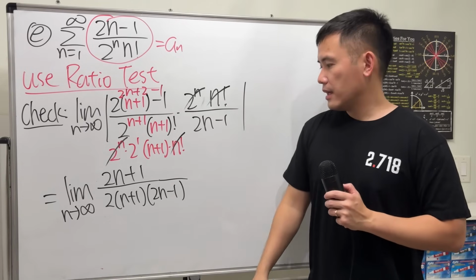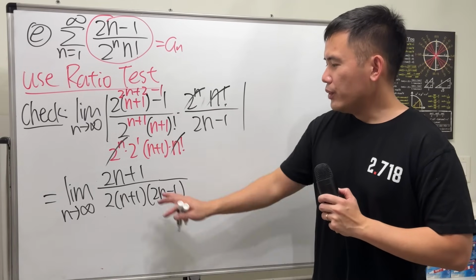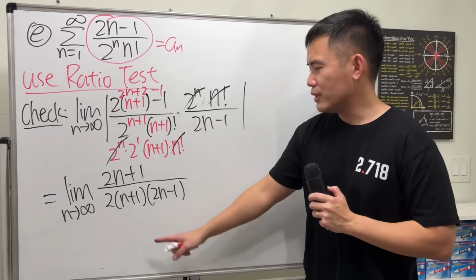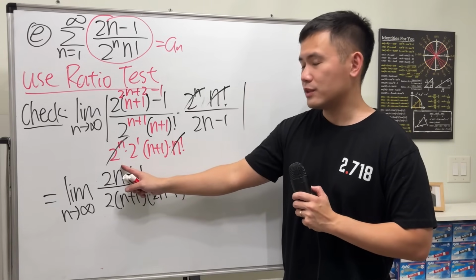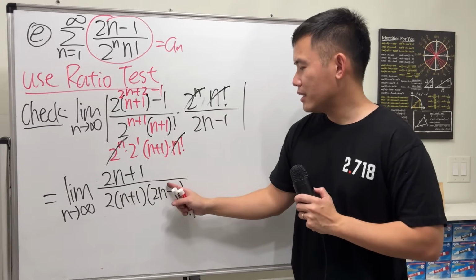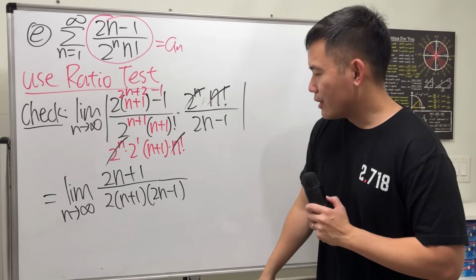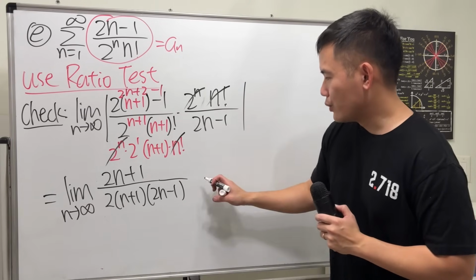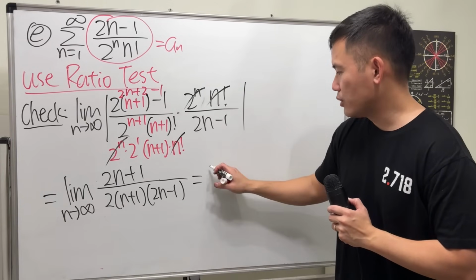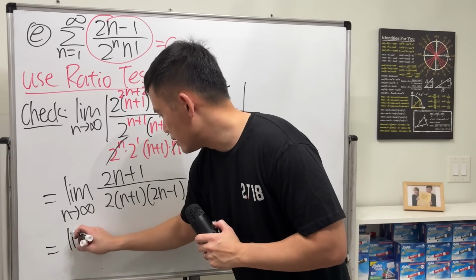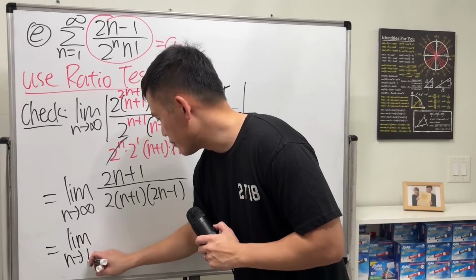Okay? Now, to take the limit, you can multiply this out, or you can just observe the power on top is 1. The power on the bottom altogether is 2. So you can see the limit is going to be 0. But perhaps I'll just show you one more step, just do the algebra a little bit. This is the limit as n goes to infinity.